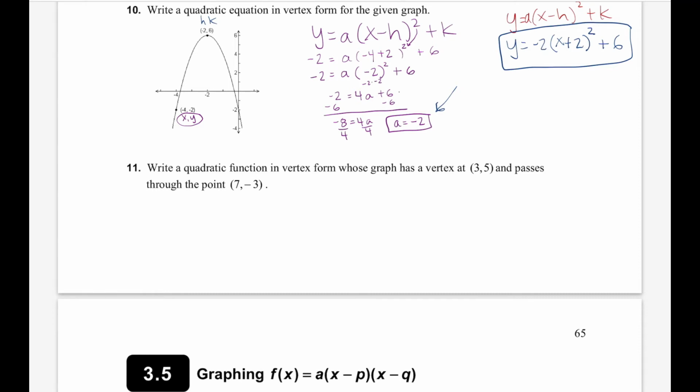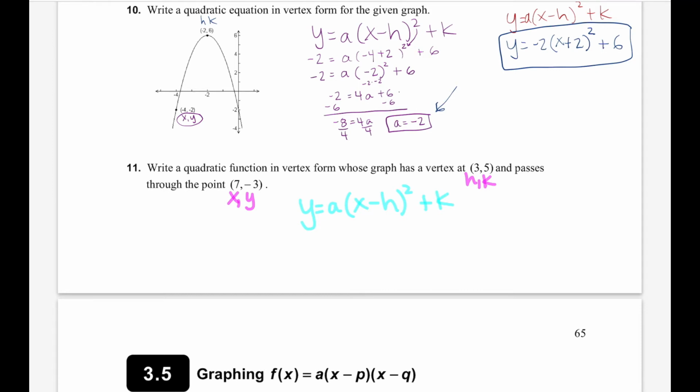On number 11, we have a vertex 3, 5. So this is my h comma k. And then I have one more point, which is my x and y point. I have my equation y equals a times (x minus h) squared plus k.